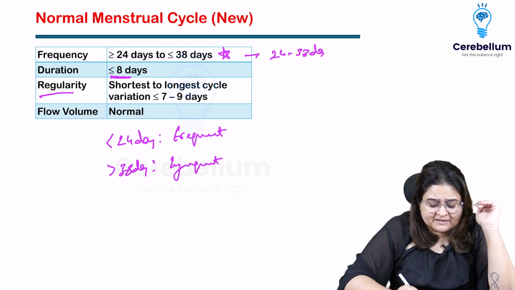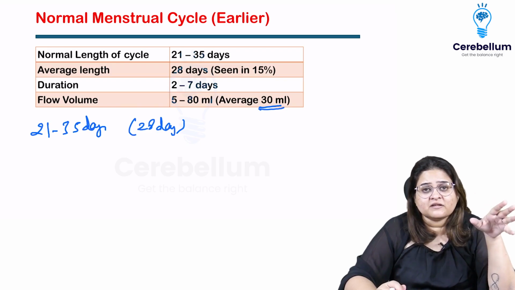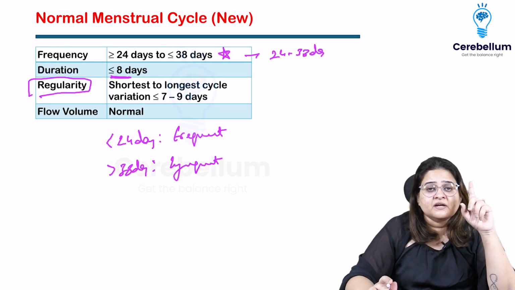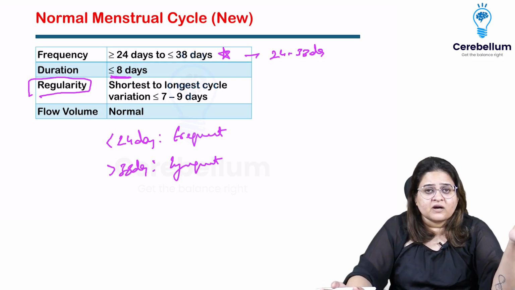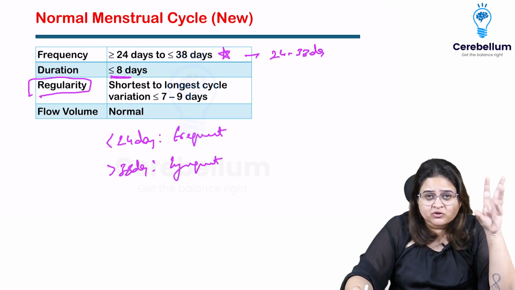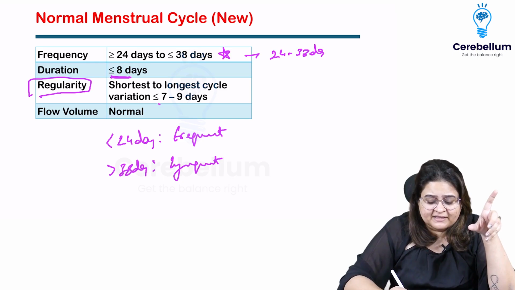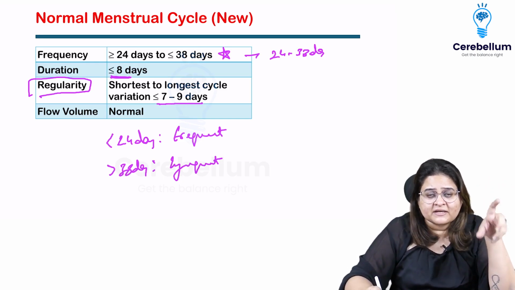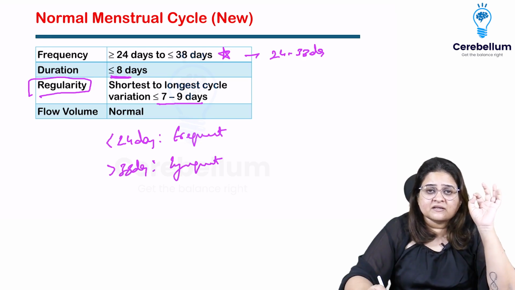Now regularity is something which is different. We used to say regular cycle means 21 to 35 days. That is a normal frequency. Regularity means that if you take the last 6 months, and ask the patient to show her menstrual calendar, and you take the shortest cycle length and the longest cycle length, and the variation between them is less than or equal to 7 to 9 days, then it is a regular cycle.